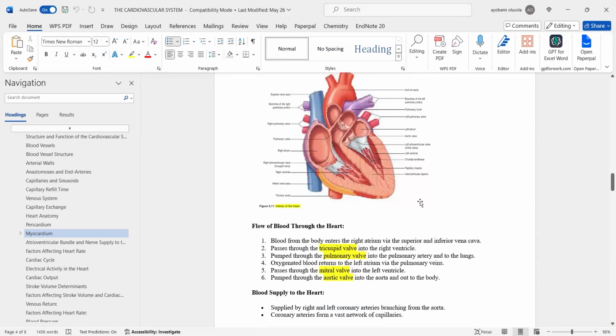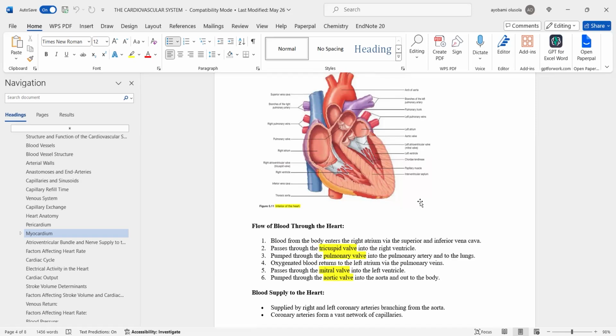We said that the blood enters the heart through the right atrium, all right? Then from the right atrium, the tricuspid valve opens for it to flow into the right ventricle.